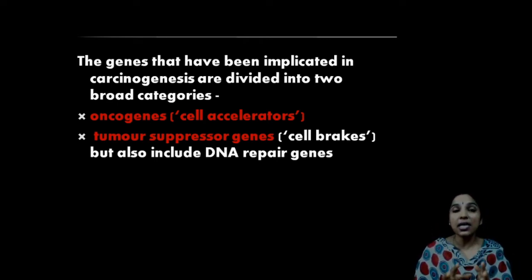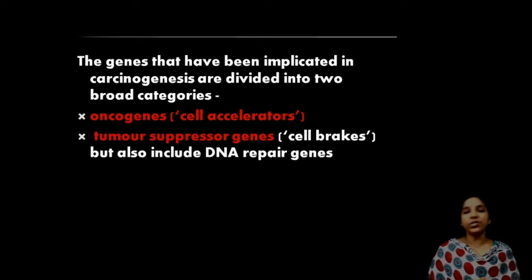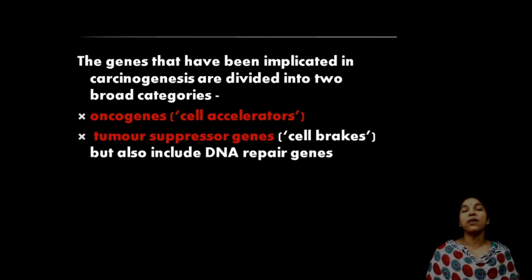The genes that induce cancers we generally call oncogenes. There are two groups of genes that cause carcinogenesis. Oncogenes, you can call them cell accelerators. You know the function of an accelerator: when you drive a vehicle and press the accelerator, that much intensity, that much speed your vehicle will pass.